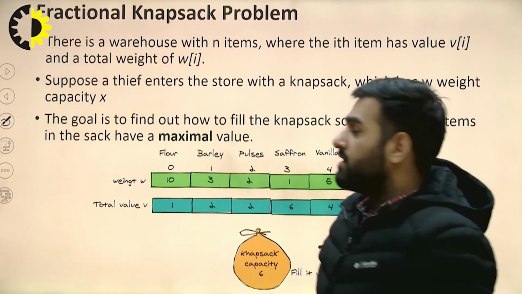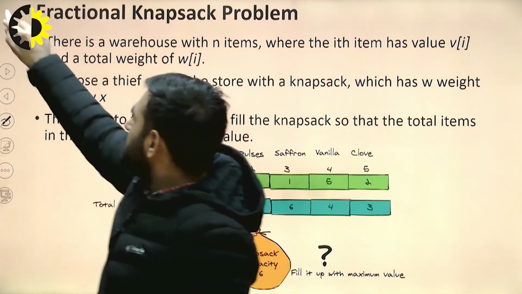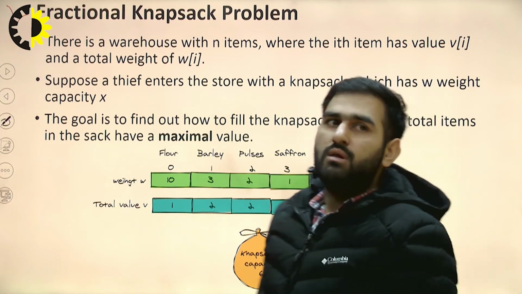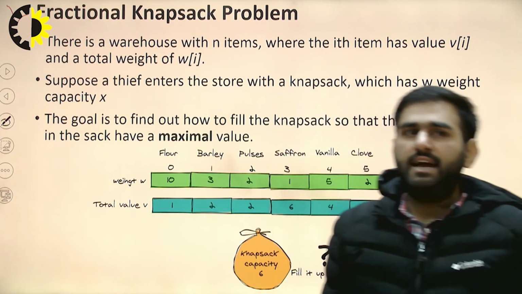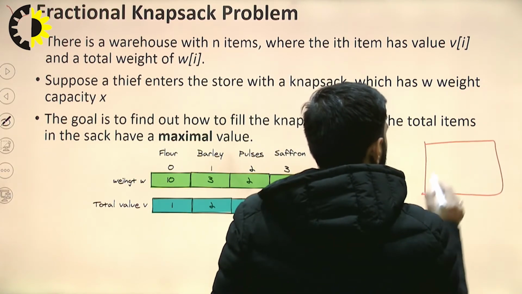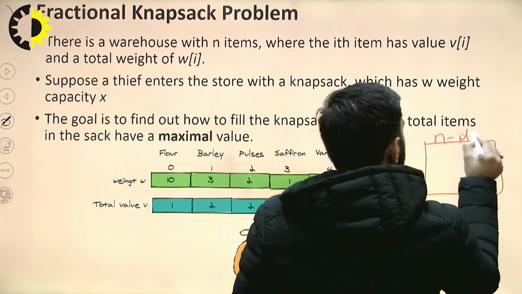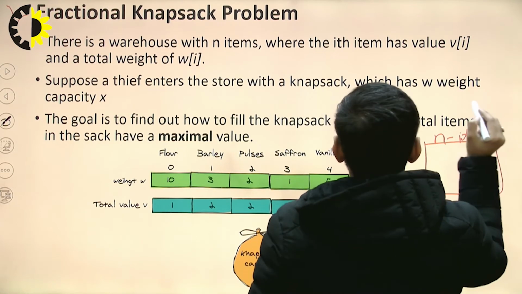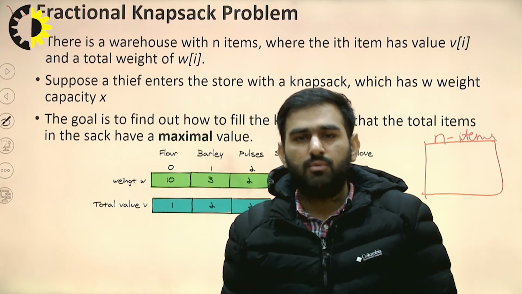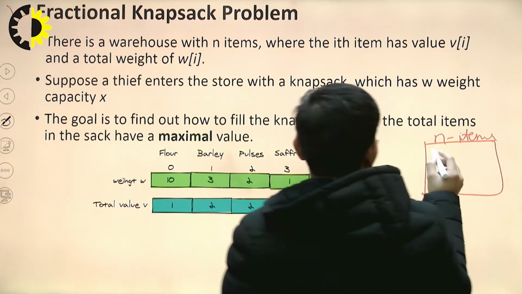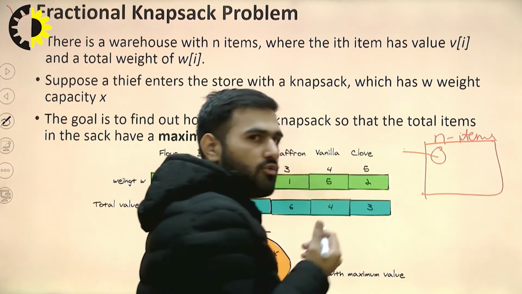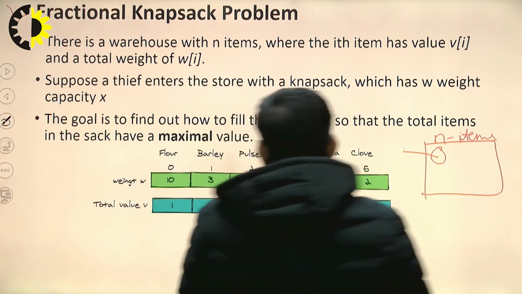Now, see the first algorithm, that is the fractional knapsack problem. So what is the problem here? There is a warehouse with n items. Suppose there is a room with n items, where the ith item has a value vi and a weight wi. Suppose if I select a particular item from this warehouse, there is a weight which will come out with some value.